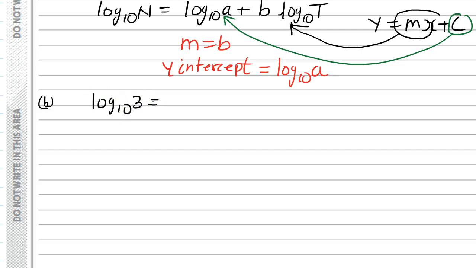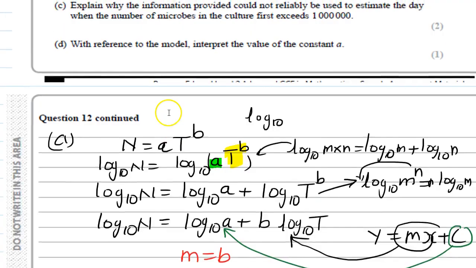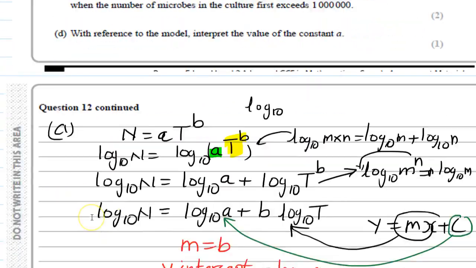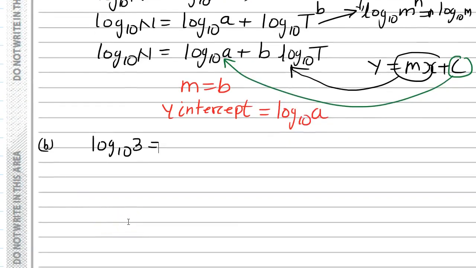And log base 10 3, how are we going to calculate? Because time is 3, let me show you the graph clearly. If you put this value in a calculator, log base 10 3 is 0.477.